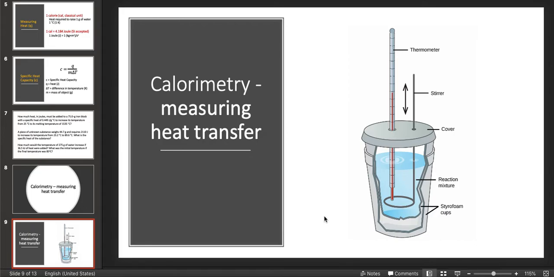Calorimetry measures the heat transfer, and we have two types, either reactions or physical changes. One that releases: anytime you have heat that is being released during either a chemical reaction or a physical change, we call that an exothermic event.